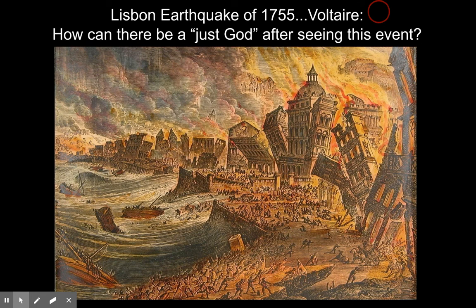Because during the middle of this earthquake, and of course the tsunamis and the fires and the stuff that happened with an earthquake, there were hundreds of faithful Christians who ran into a church and were praying for God to save them, and the church collapsed on them. And Voltaire was like, come on, really? Could there be a God? Or if there is a God that made the world, I'm not saying there isn't, he's definitely not hearing people's prayers. And that was one of his justifications for deism.